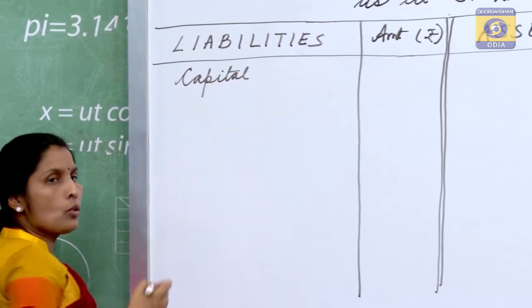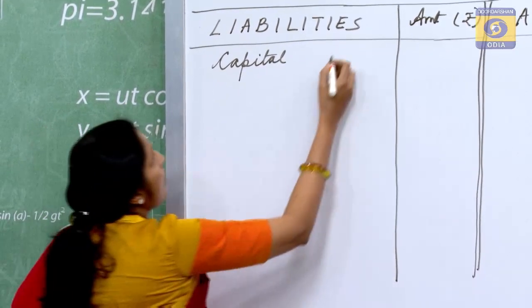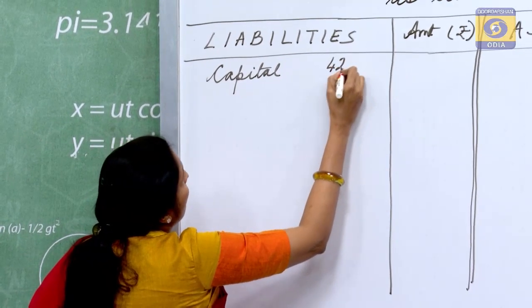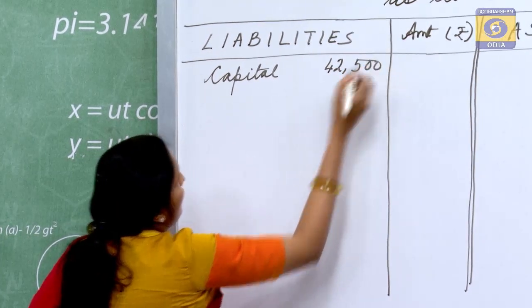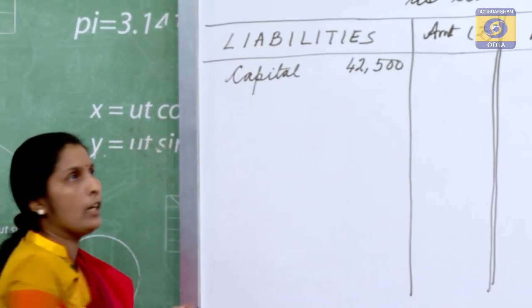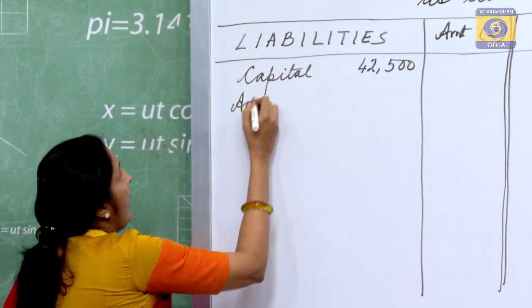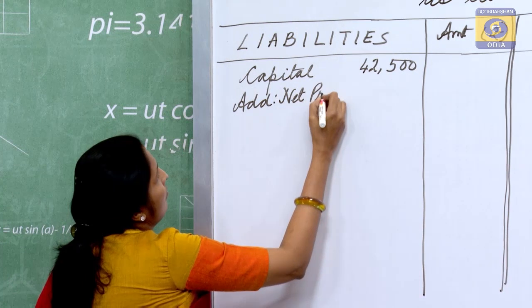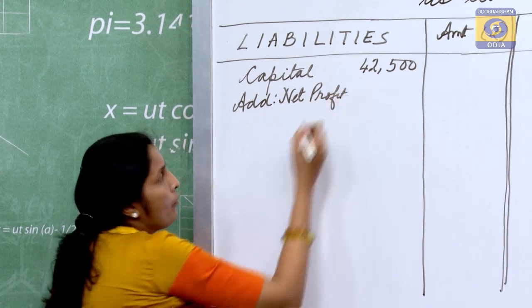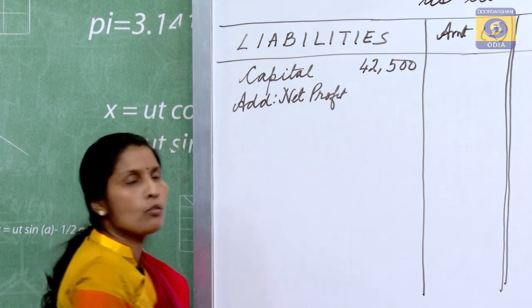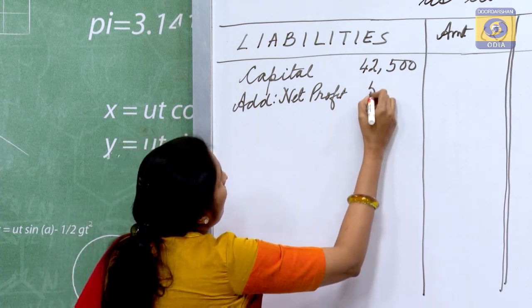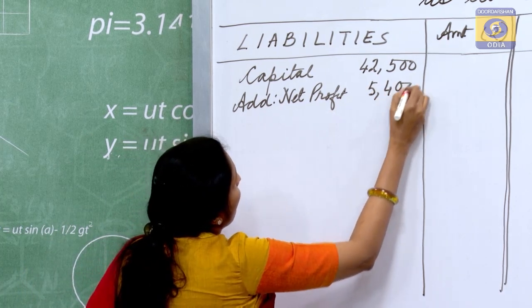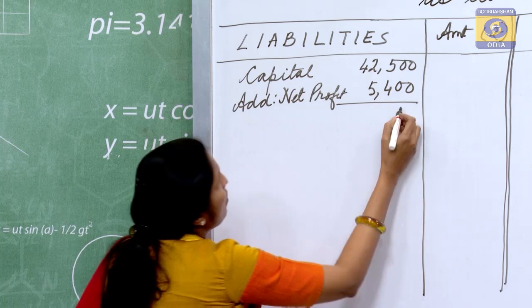Now capital given to us is 42,500. To that we will add net profit. So the net profit given to us is 5,400. So let's do a totaling over here.